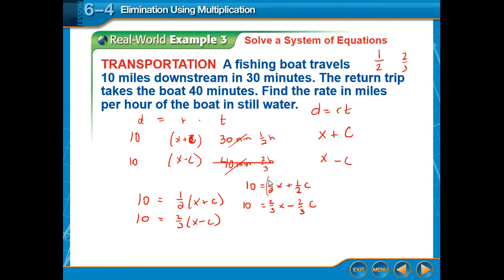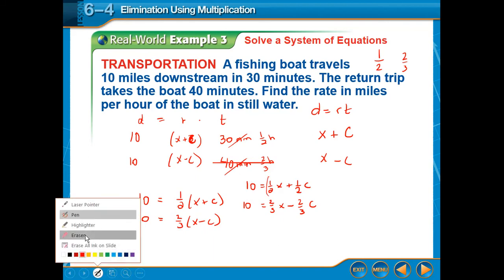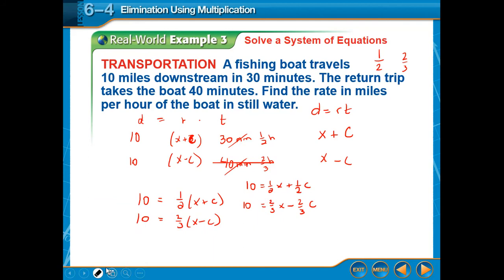If I multiply this one by 2/3 and this one by 1/2, I'm going to be getting the same variable.